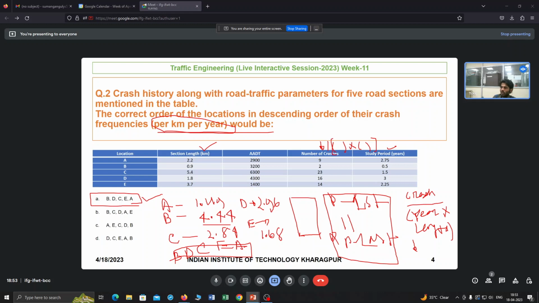So it is nothing but the number of crashes divided by per kilometer per year. Kilometer means the section length, based on that per kilometer has to be determined, and then per year, right? So this will give you the crash frequencies.